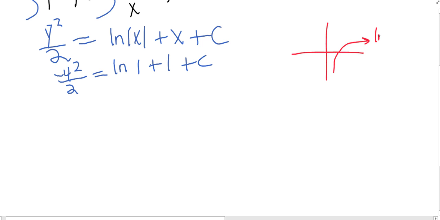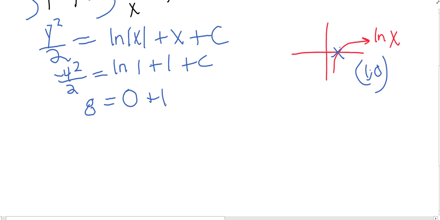That's the ln function, and of course you should have this burned into your brain at this point, but that is the point (1, 0). So if the ln of 1 is 0, that goes to 0. We have 16 over 2, which is 8, and 1 is 1. So we have the fact that c is equal to 7.